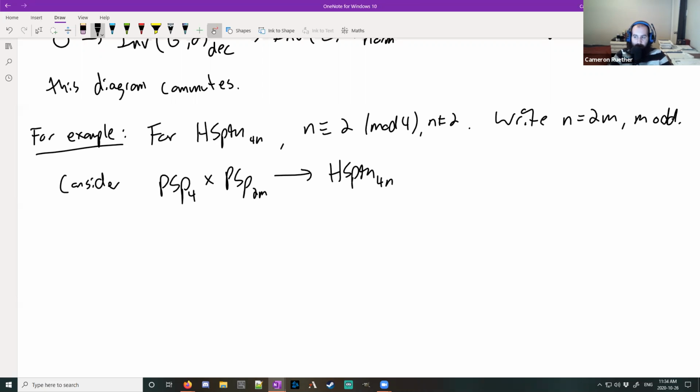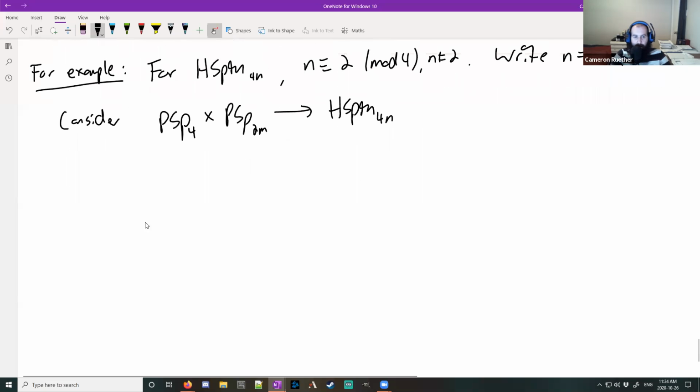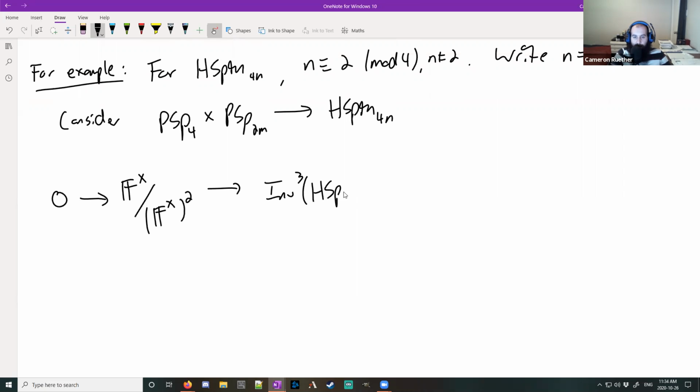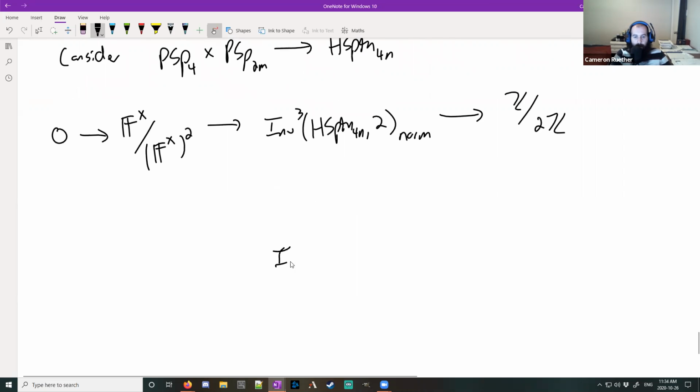And what this commutative diagram ends up looking like, on the top, we'll have the objects for half spin. The decomposable invariants look like this, as we've seen. We get the normalized invariants that we're curious about. And in this case, the indecomposable are just Z mod 2. Down here, the normalized invariants of this group.